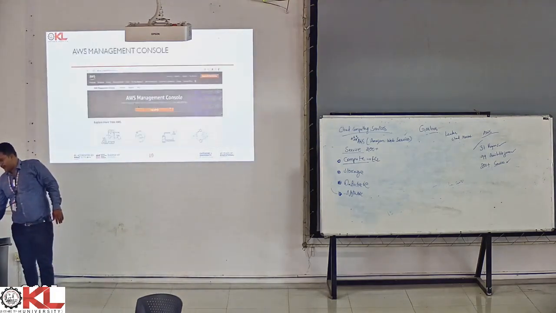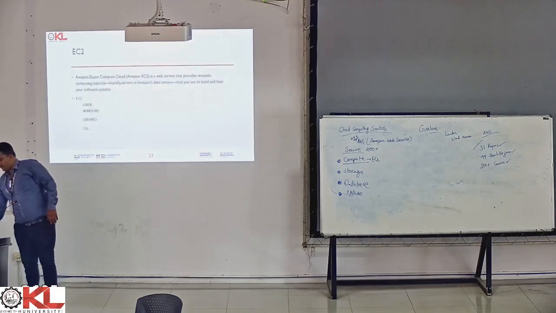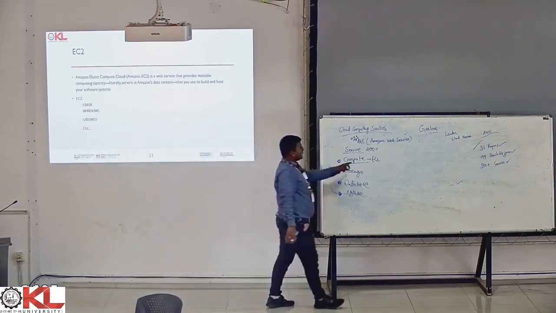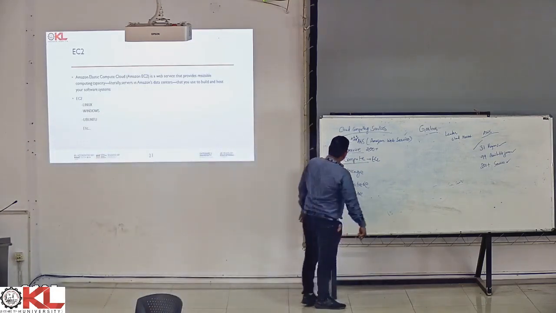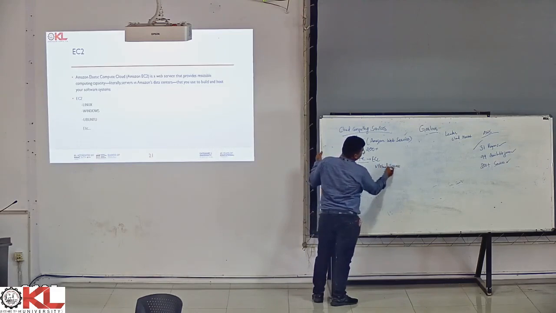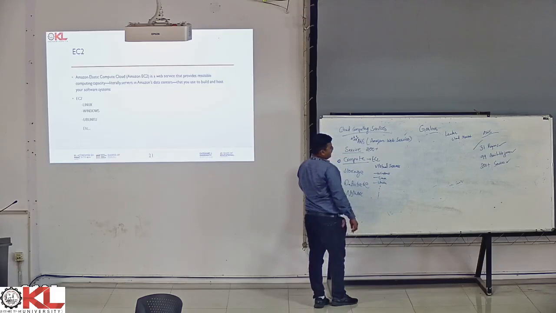How to create a free tier account and how the Amazon management console looks, we are already aware of. So today, EC2, which comes under the category of compute, lets us make n number of virtual servers. You can make Windows, Linux, Ubuntu, and many more.